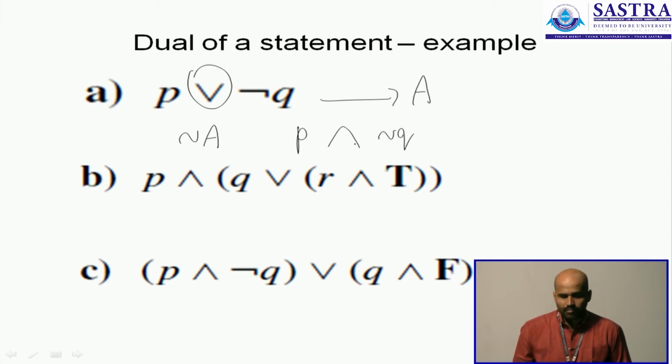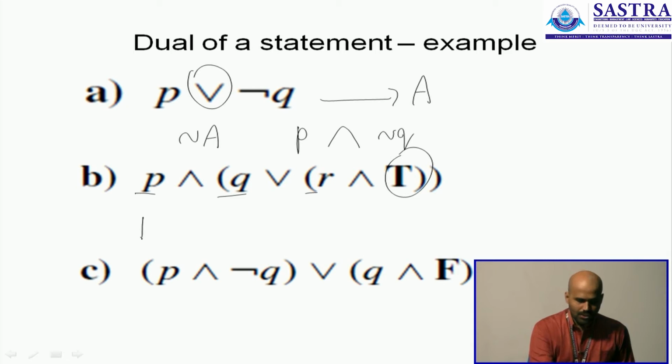Next, we have a compound statement involving three simple statements P, Q and R and one absolutely true statement that is always true. Now we are asked to find its dual. You can see that this has only the connectives, conjunctions and disjunctions, involved. There is not even the negation operator being used, so this is supposed to be easy.